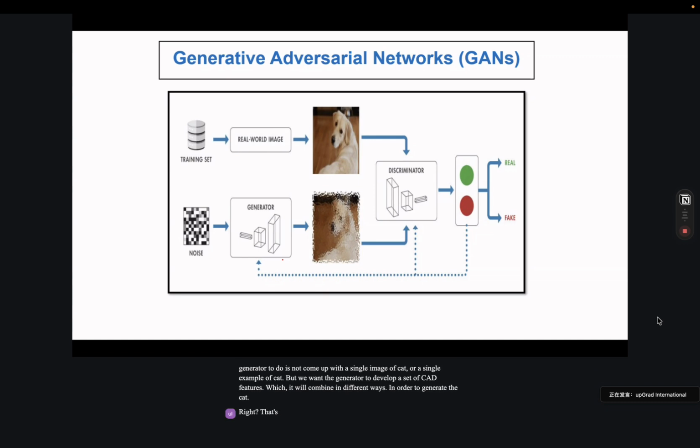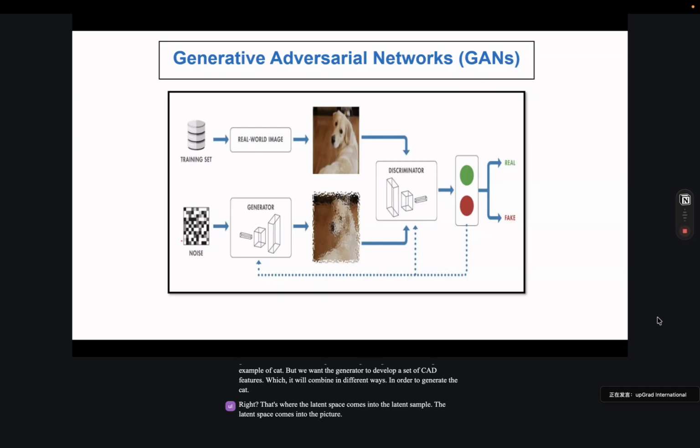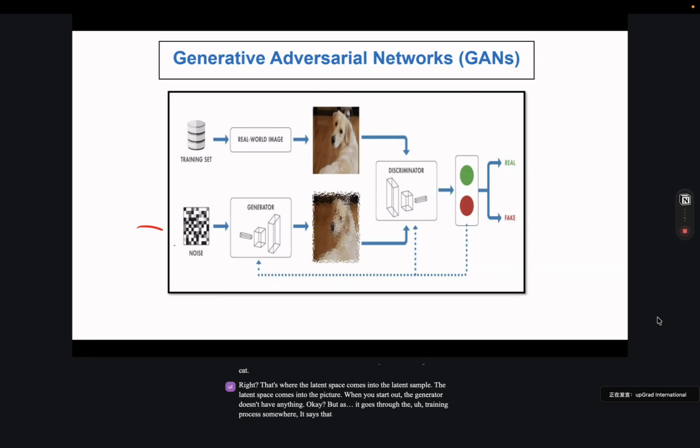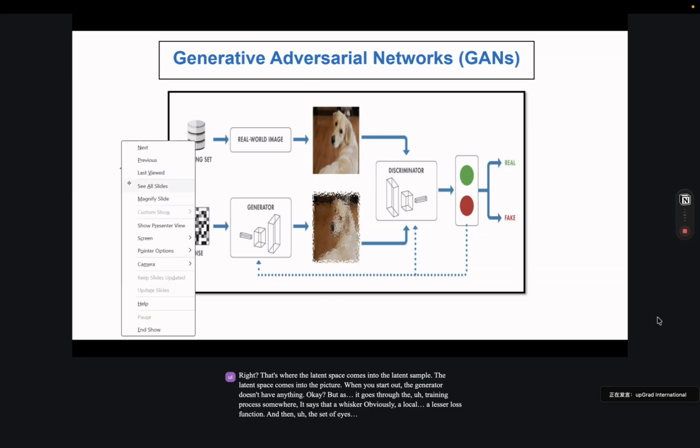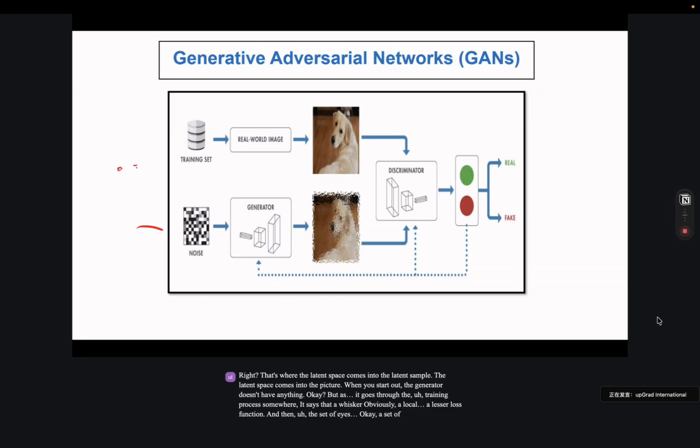That's where the latent space comes into the picture. When you start out, the generator doesn't have anything. But as it goes through the training process, somewhere it says that a whisker gives me a lesser loss function. And then a set of eyes gives a lesser loss function. And then a set of pointy ears again reduces the loss function. So it basically comes up with something like this.